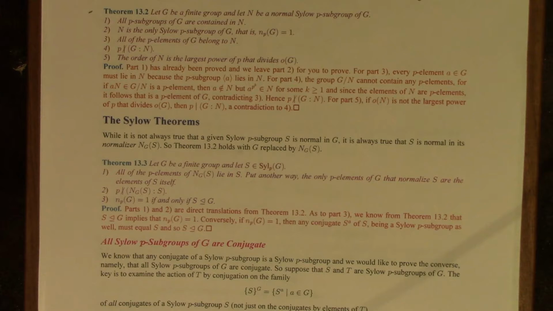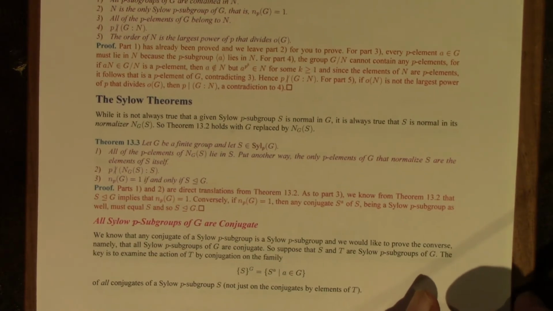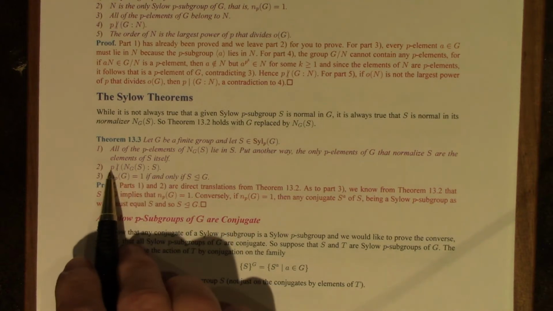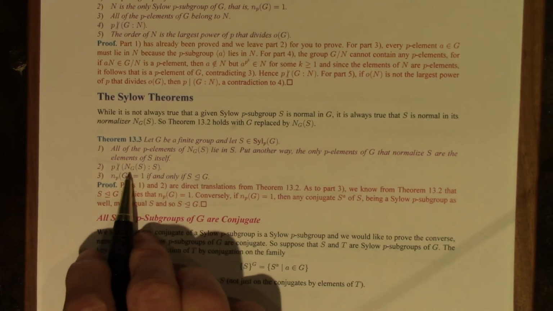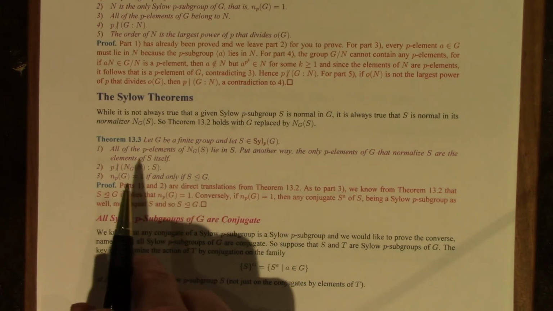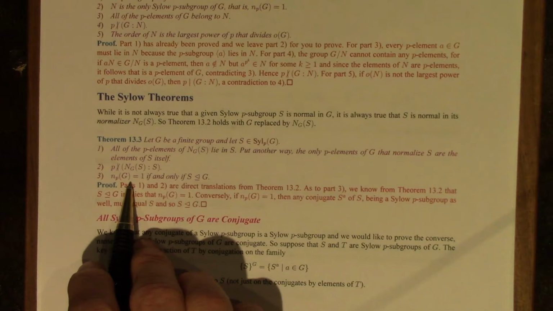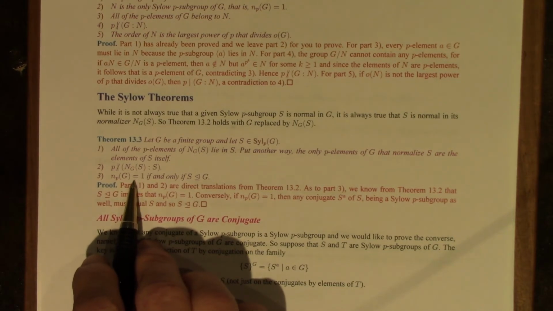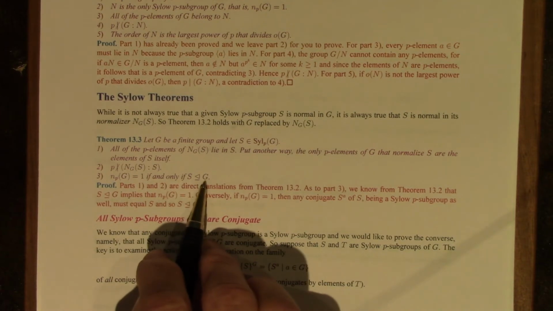There may be non-p elements that normalize S, but the only p-elements that normalize the Sylow p-subgroup are the elements of S itself, which always normalize S. P does not divide the index of S in its normalizer, and N_p of G is 1. There's a unique Sylow p-subgroup if and only if that subgroup is normal.